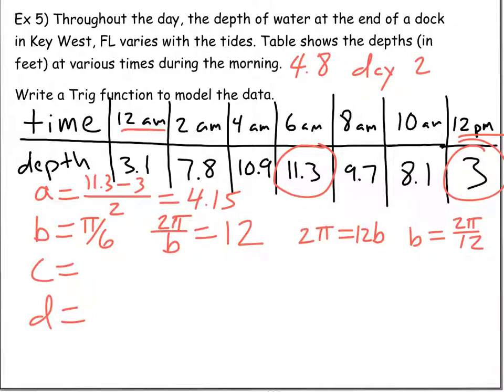C is our horizontal shift, and it's tough. Okay? I kind of got to think this through, and the first thing you should look at is, do you want the graph shifted? Or could I just say that, if I'm going off of time, am I okay with saying that t equals 0 is midnight?